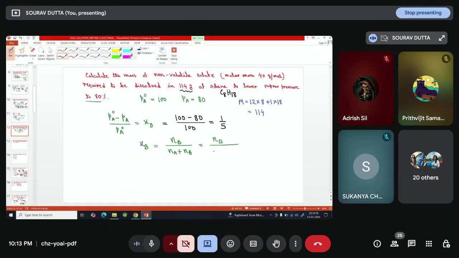So in the above portion is the mass, that is 114 gram, divided by molar mass. This is your given mass, and this is your molar mass, 114 gram per mole, plus NB, that we don't know, no issue. So 114 will be cancelled out.